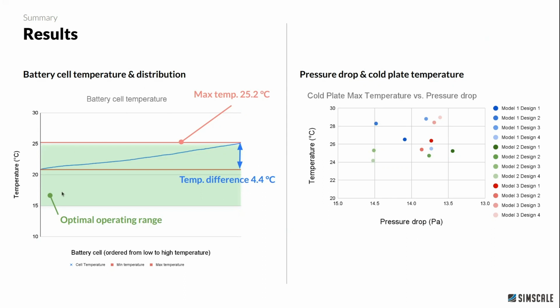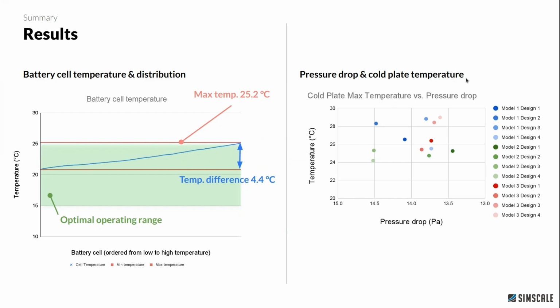We can see here we have probably an optimal range somewhere between 15 and 25 degrees. Our max temperature is slightly above that, but the temperature difference looks quite good. We have 4.44 degrees C between the lowest temperature and the highest temperature. I just plotted here the random cells ordered from low to high in this case.